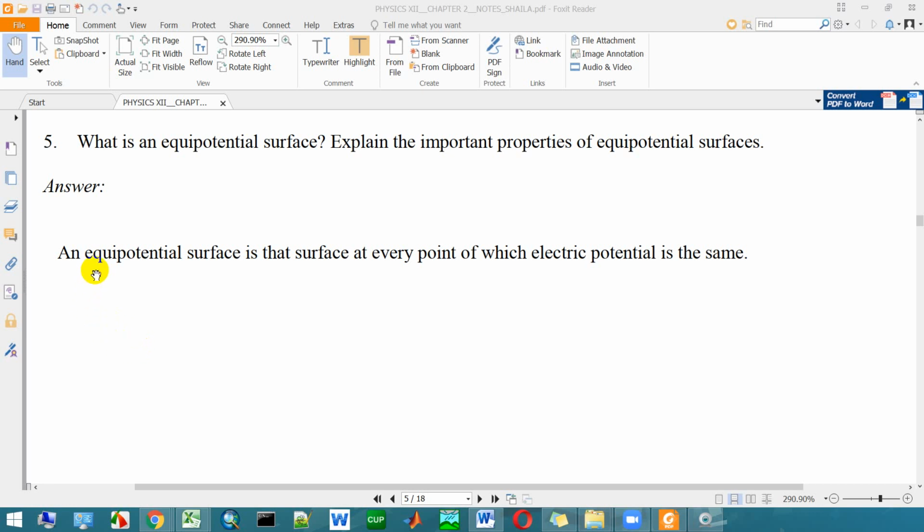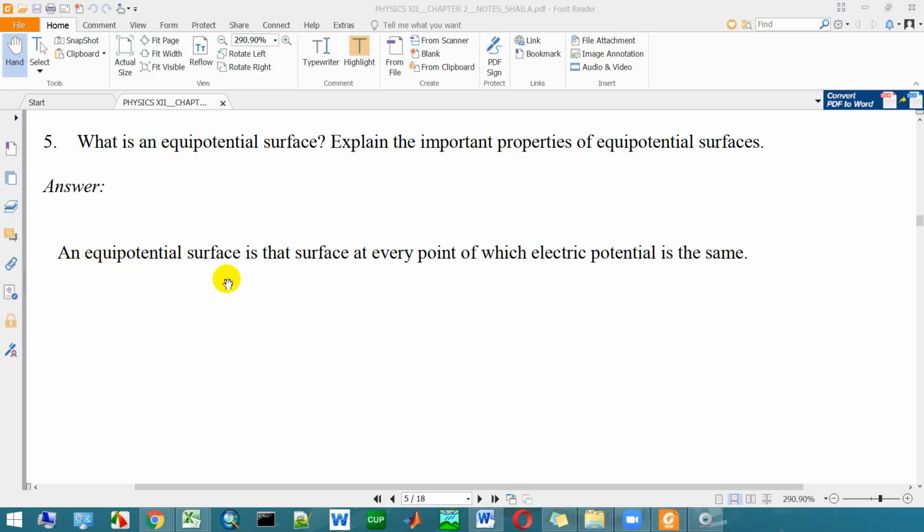Now the fifth question is, what is an equipotential surface, and explain the important properties of equipotential surfaces. The word equipotential surface itself means that the potential on the same surface due to the source charge at every point is equal.